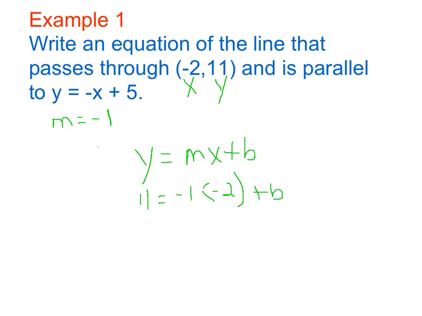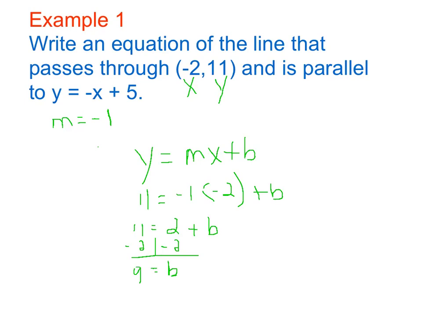Well, b, or the y-intercept, is the only unknown, so let's go ahead and simplify this so we get b by itself. Well, 11's on the left. Negative 1 times negative 2 is a positive 2. And we still have our b. If we were to subtract 2 on both sides, we find out that the b, or the y-intercept, is going to be 9.